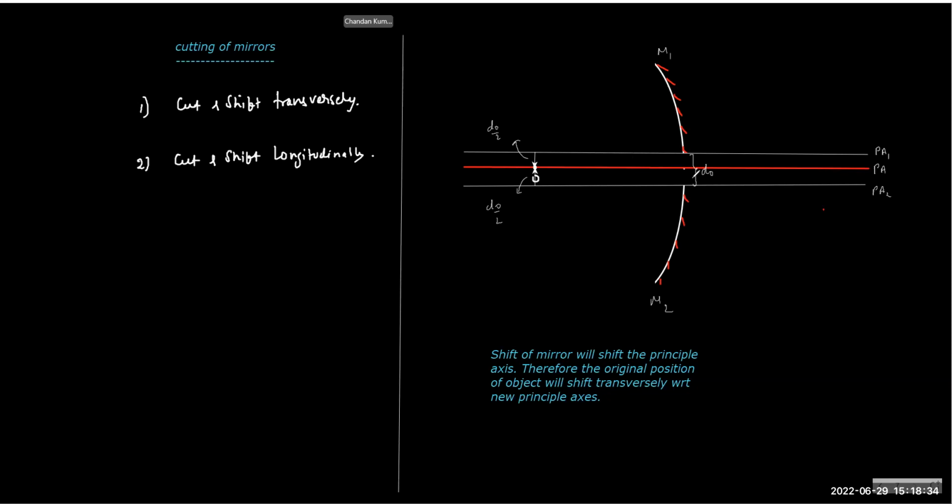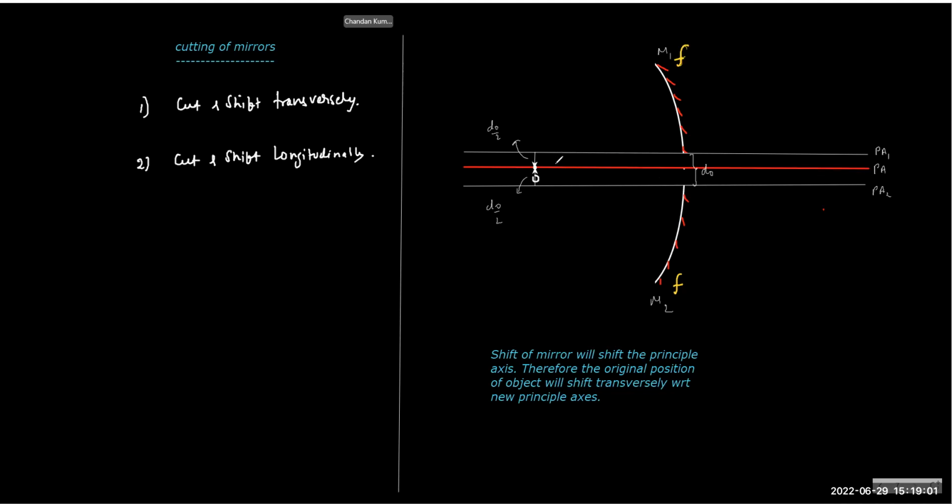So the moment you cut and you shift, let the focal length remain the same. The f will not change for the mirror. So if f was original, then f will be the same for both. The f remains the same, and therefore the image. Let's say the object is beyond f, at a distance more than f.